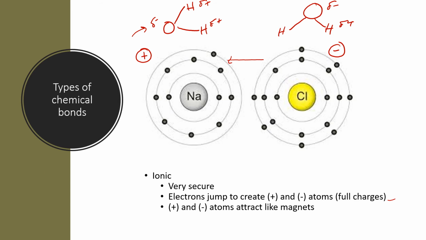Now, these two have a pretty strong attraction, but you know what? They are so greatly outnumbered by the water molecules in the solution that the sheer force of these partial charges can split up your sodiums from your chlorines.